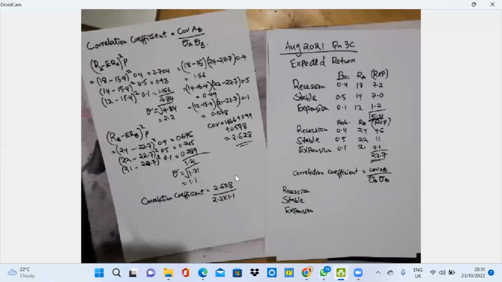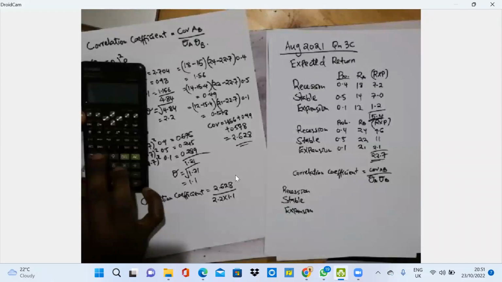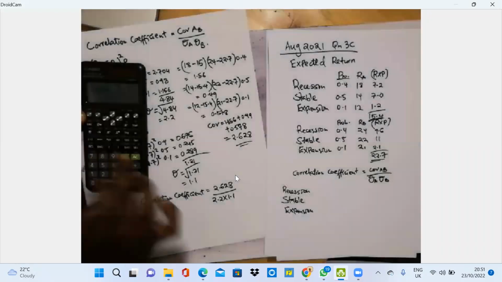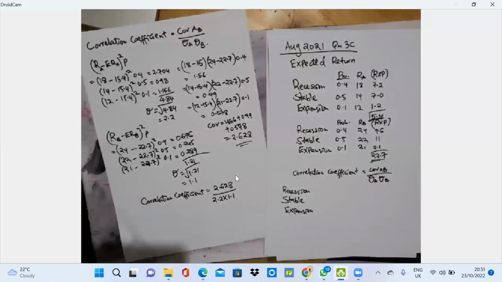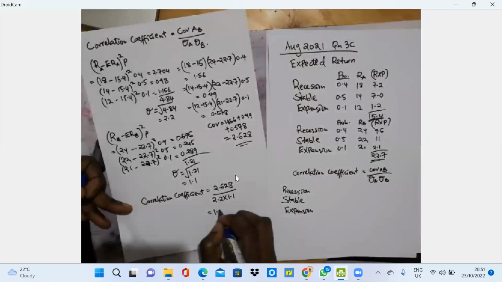So 2.628 divided by 2.2 times 1.1. I'm getting 1.08.